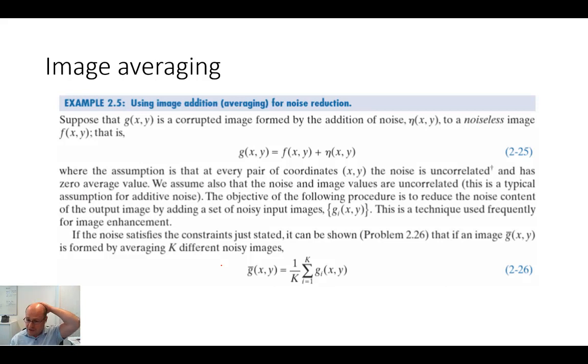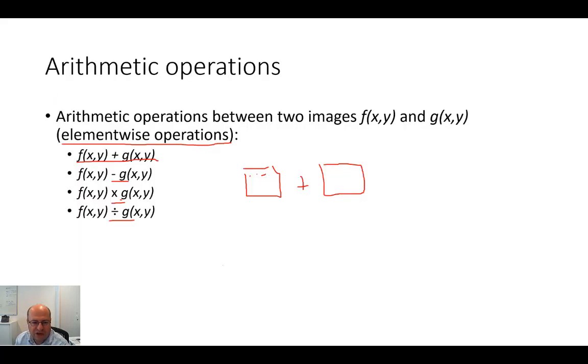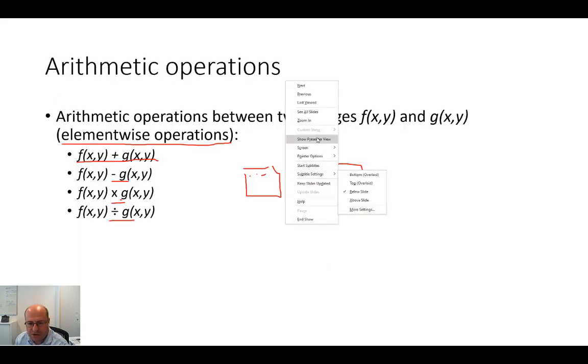There are a few very simple algorithms that we're going to play with in the first lab, hopefully, that apply noise reduction by using just elementary arithmetic operations.